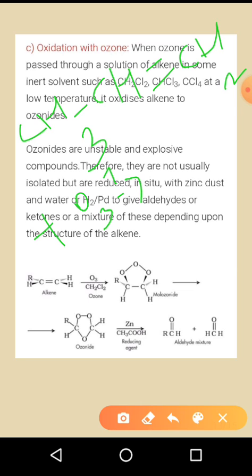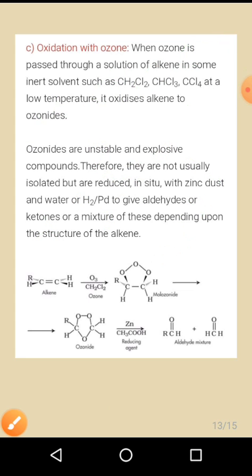After reduction with zinc, it will produce CH3CHO, that is ethanal, as well as HCHO, that is methanal. These compounds are produced by this ozonolysis method.